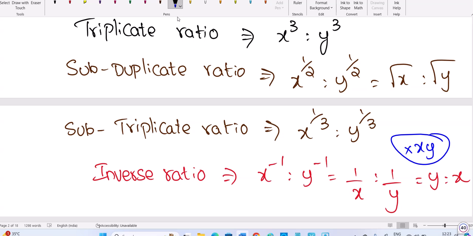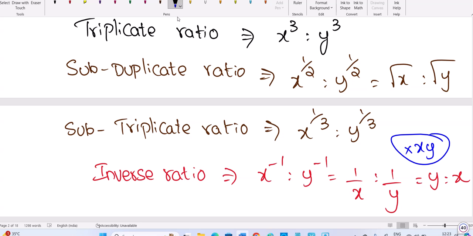But for x is to y is to z, don't say the inverse ratio is z is to y is to x; that is wrong. That is why I am explaining this. We have to write 1 by x, 1 by y, 1 by z, then take the LCM of the denominators x, y, z, which gives yz, xz, xy, not z, y, x.